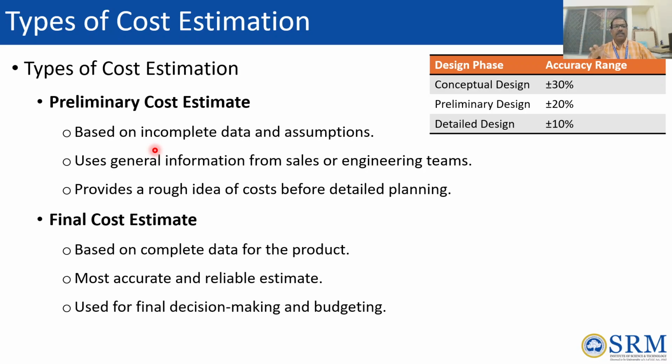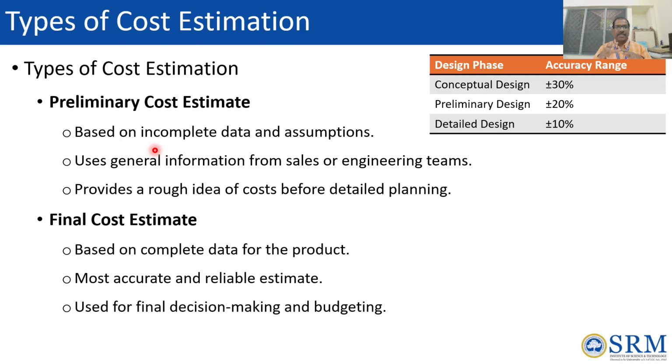All the data pertaining to that particular product will be in your hand, with evidence. With that, if you prepare a cost estimate, it will be more accurate compared with the preliminary cost estimation. It is the most accurate and reliable cost estimate, and it can be used for final decision making and budgeting.